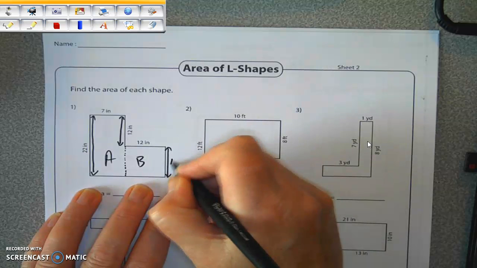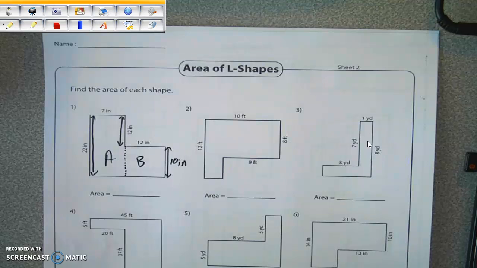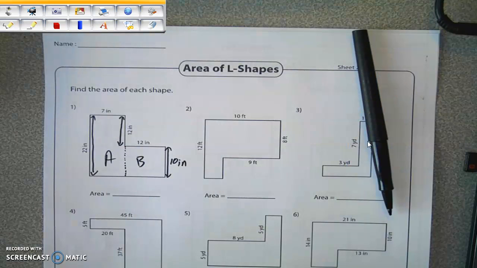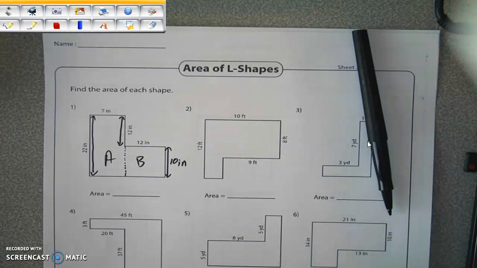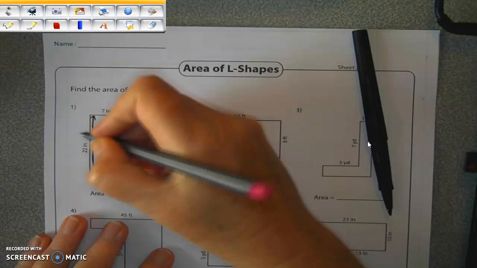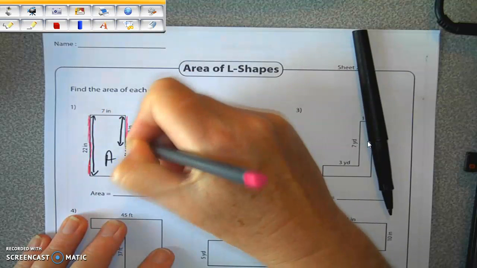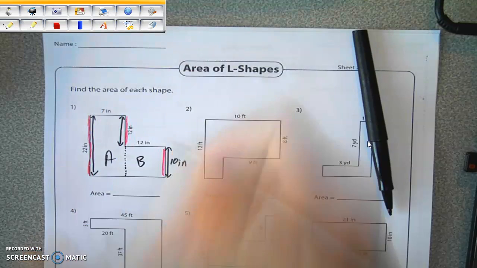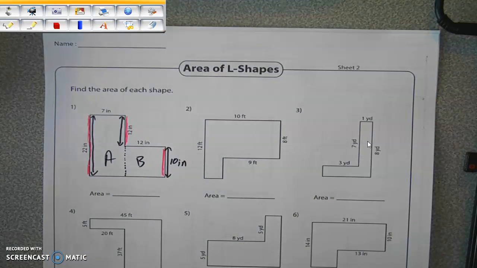So this must be 10. Okay, because the 12, let me see if I can find a color here that we can use. So this 12 here goes with these two, must be the same length as it. All right, now we can work out areas.